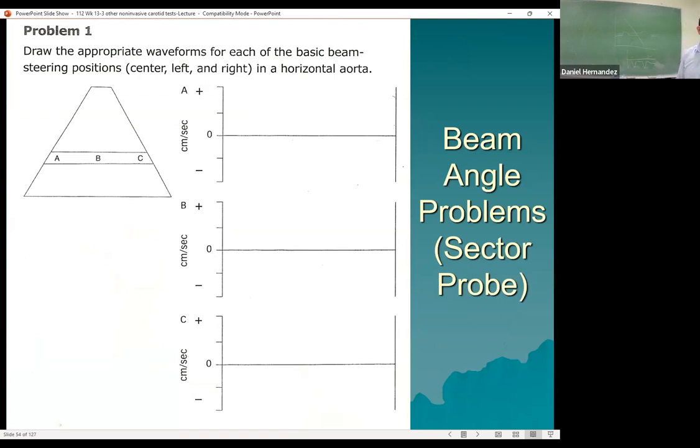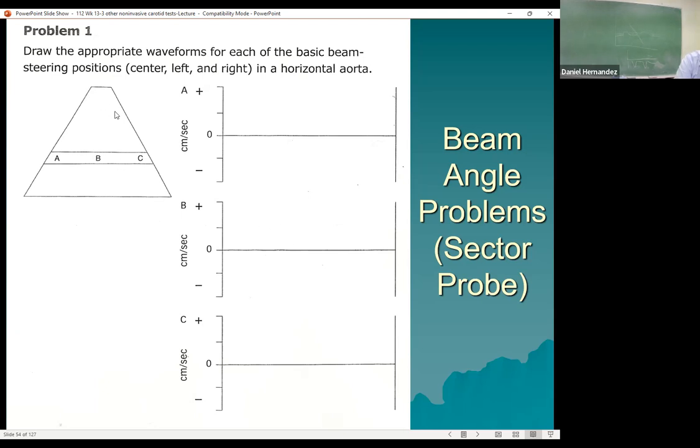So we have to draw the appropriate waveforms for each of the basic beam steering positions. So this is now a horizontal aorta. So aortic blood flow goes down the body, so it's going from A to C. So blood flow is going in that direction. If we have a center beam position, we're going to be perpendicular to that vessel, so that's not going to give us any sort of Doppler shift.